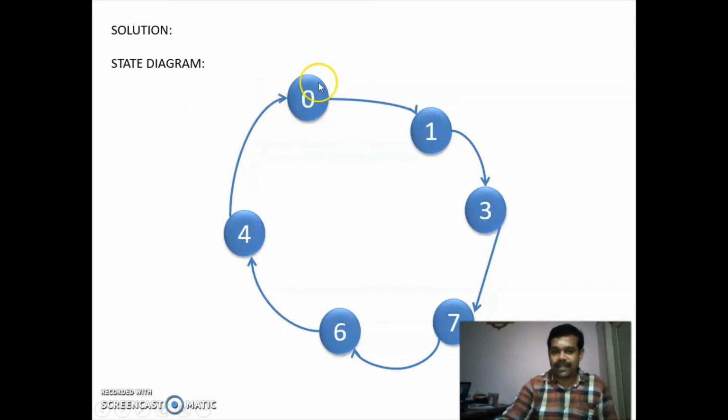So if 0 is the present state, next state is 1. If 1 is the present state, next state is 3. If 3 is the present state, next state is 7. If 7 is the present state, next state is 6. If 6 is the present state, next state is 4. And if 4 is the present state, next state is 0. So from this state diagram, we have to draw the state table.